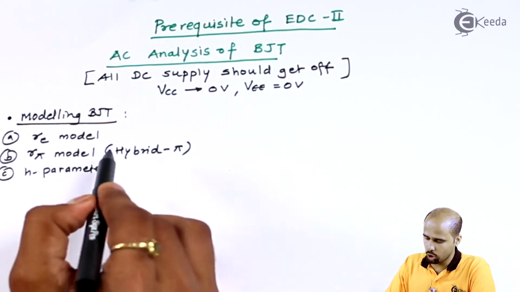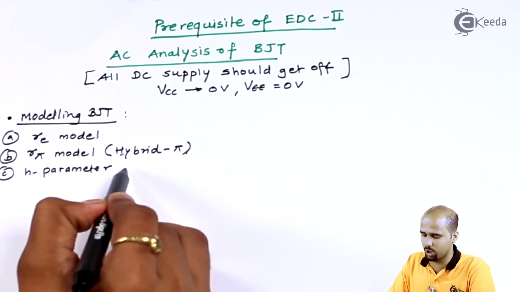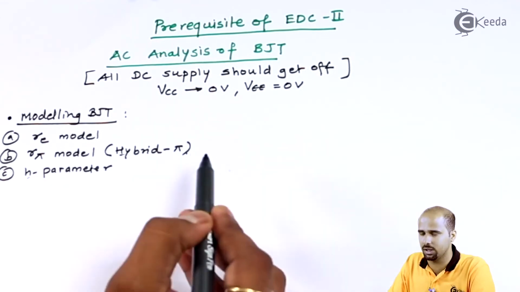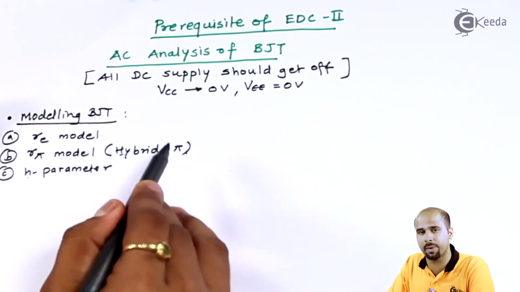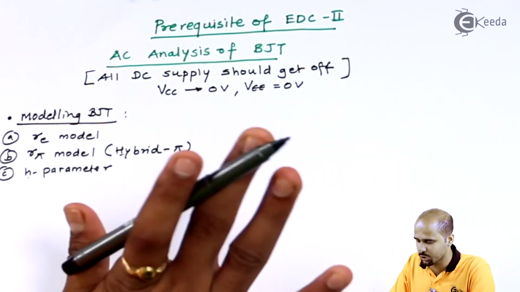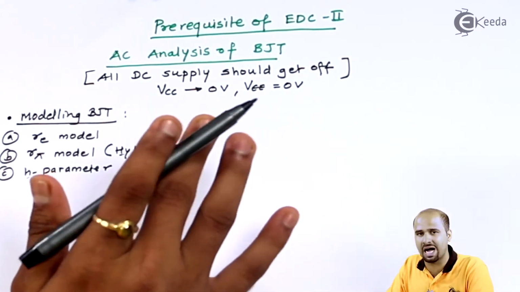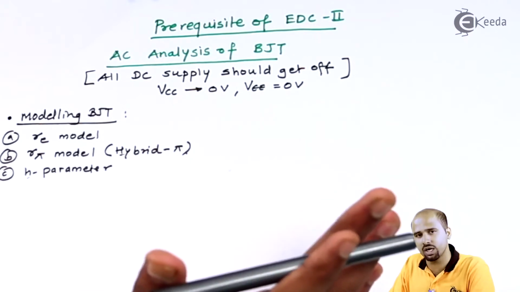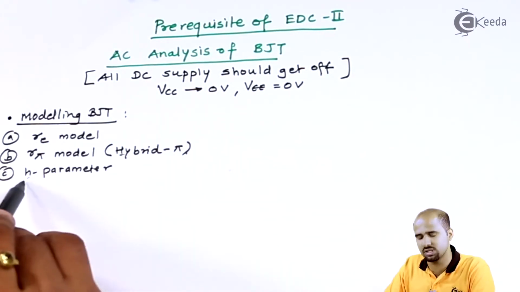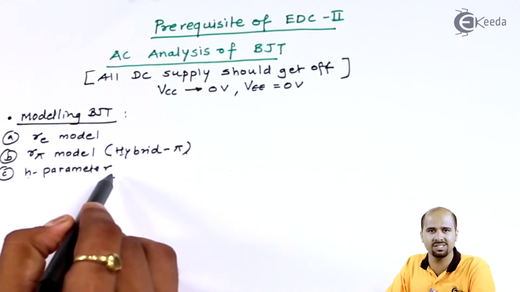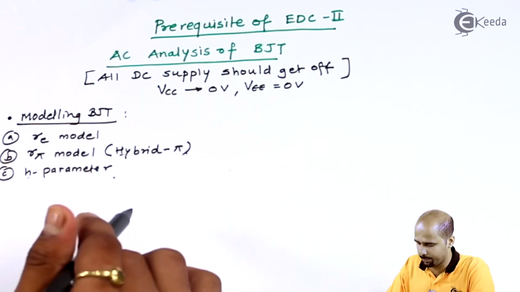So don't get confused between the hybrid pi model and the H parameter model, because H is for hybrid. The hybrid parameter model is totally different and the hybrid pi model is totally different. So when we say model this BJT using the hybrid model, it means the RPi model, and the H parameter model is the hybrid parameter model. Let us understand one by one.